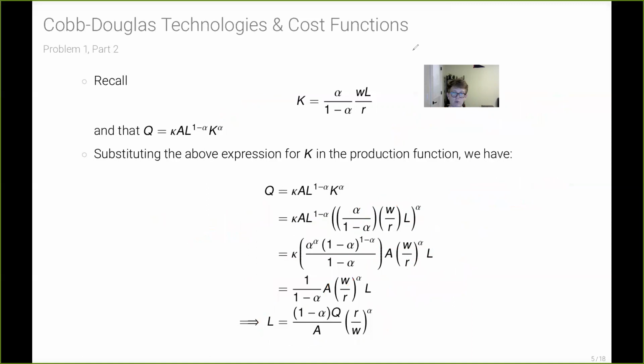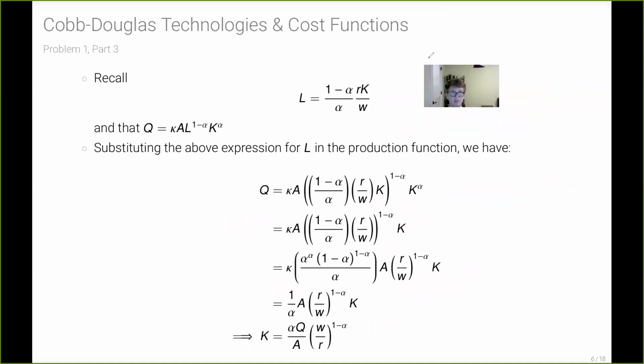So moving on, what we want to do is the same thing, but to solve for K instead. So in my production function, I'm just going to plug in this expression that we obtained earlier for L and do the exact same steps. So again, I just plug in this expression for L here. That all gets raised to 1 minus alpha.